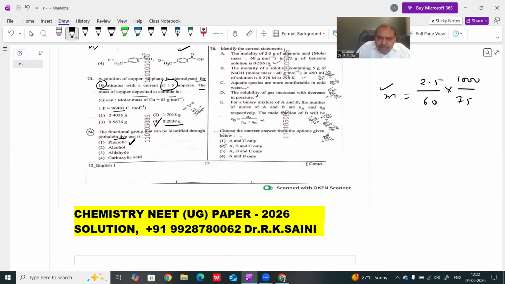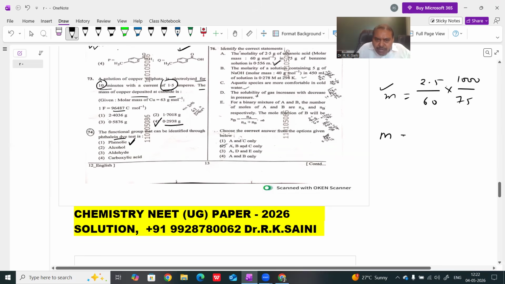Then check your answer for molality. Then molarity: 5 gram of NaOH, molar mass 40, dissolved in 450 ml of solution, taken in liter. Then capital M is also correct in this question.